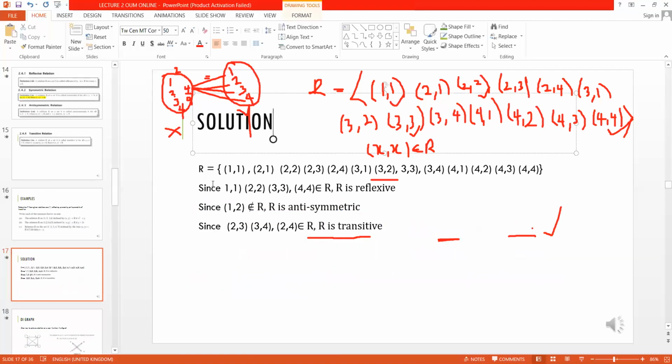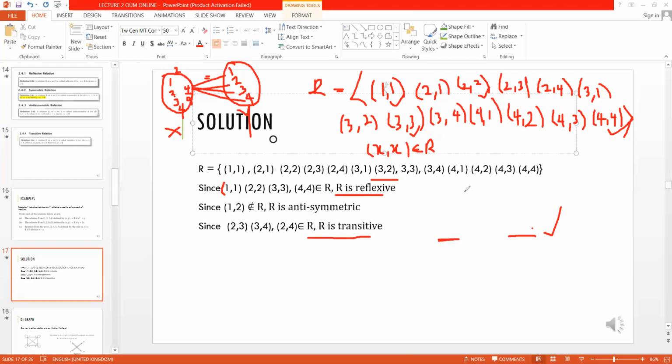So we're saying that since the elements (1, 1), (2, 2), (3, 3), (4, 4) are members of R, then R is reflexive. Good. Now, what about symmetry?